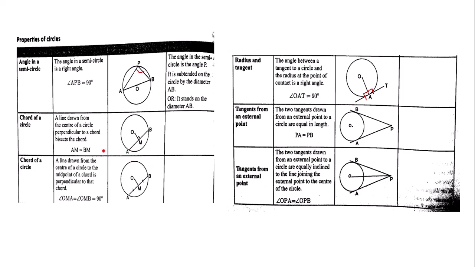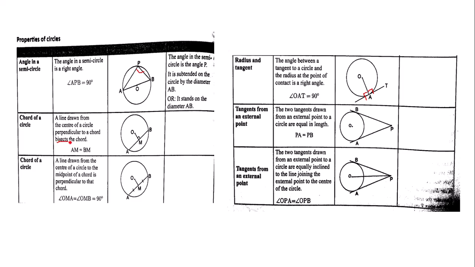AB is a chord. And it says a line drawn from the center of a circle perpendicular to a chord. This is the line we're talking about, OM, from the center of the circle, perpendicular, which means it forms a 90-degree angle with the chord. It bisects the chord.